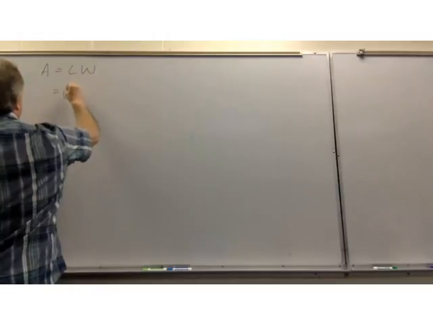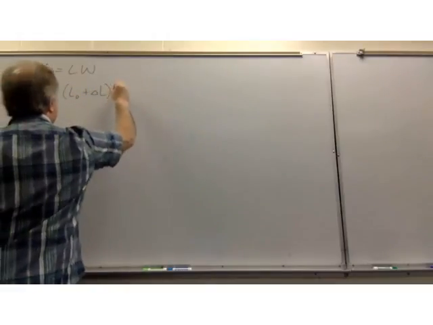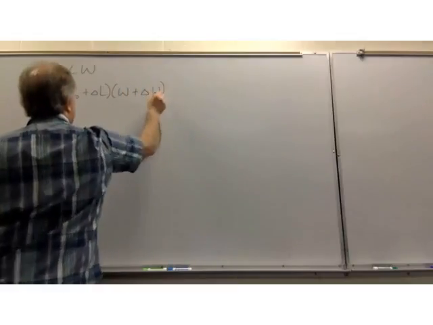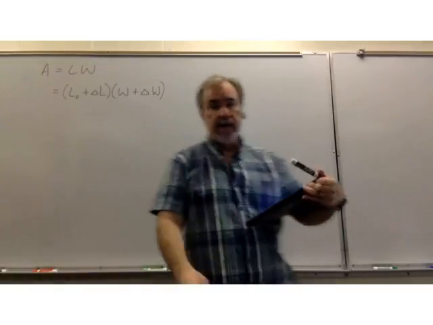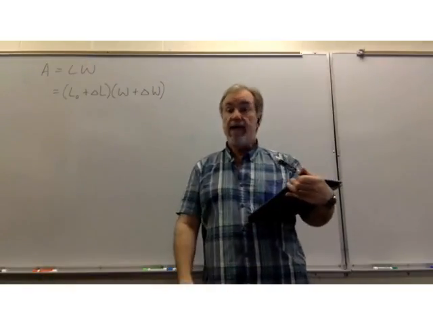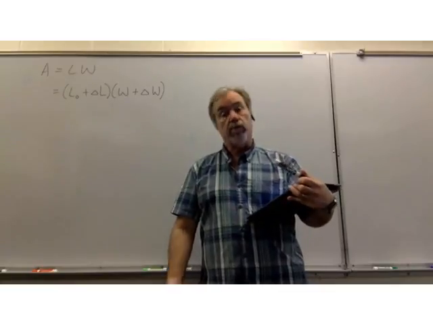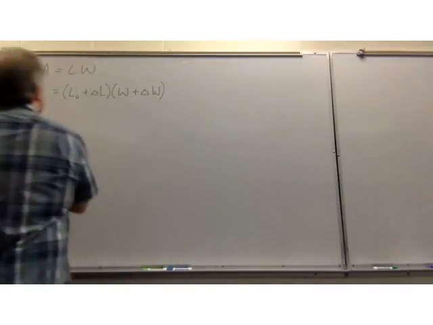Anyway, so the final area after the temperature has been changed of our object is going to be the product of its new length times its new width. Okay, and again, keep in mind that delta L and delta W can be negative, will be negative if either the length or the width, or perhaps both, contract. Usually both would go the same way.